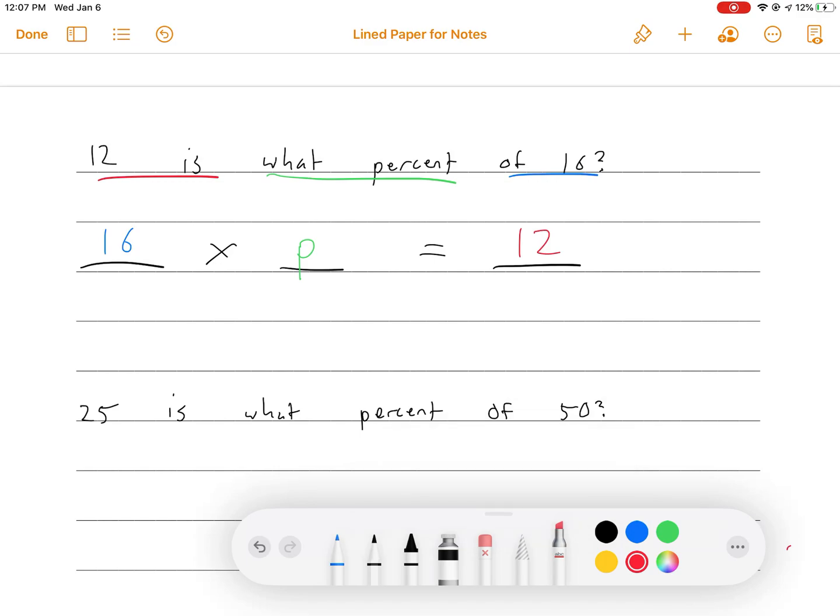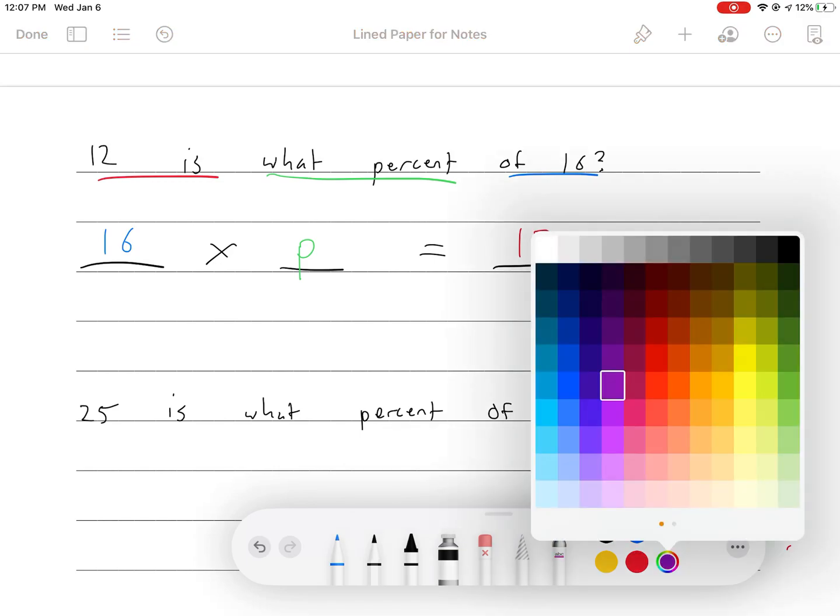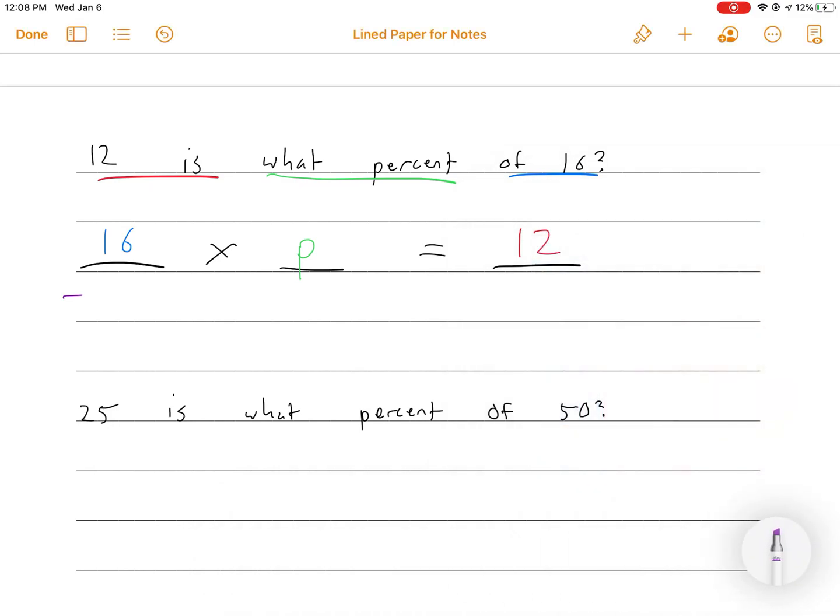If I use the idea of an equation, whether I rearrange or whatever I can do, I will go ahead and just demonstrate the dividing method first because we can kind of flip these around a little bit. I can divide by 16, divide by 16. 16 divided by 16 cancels.